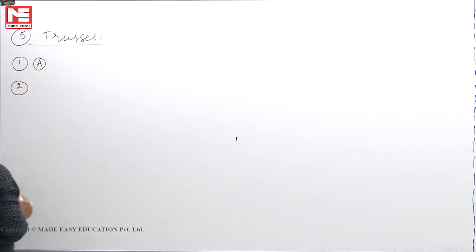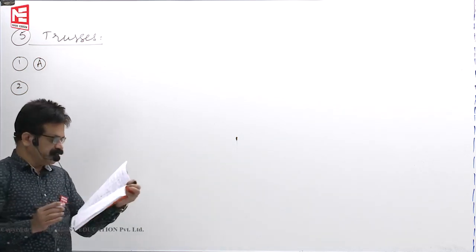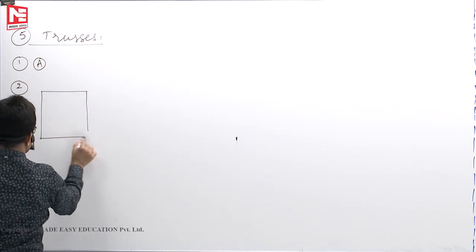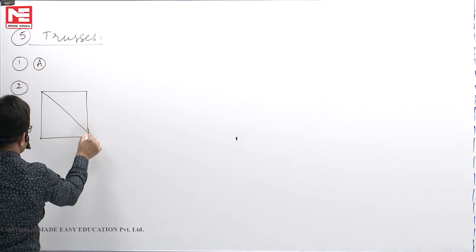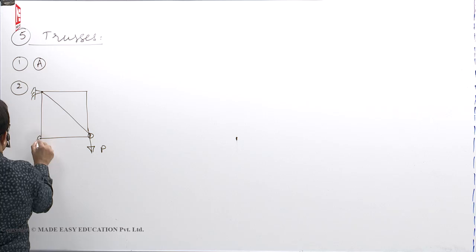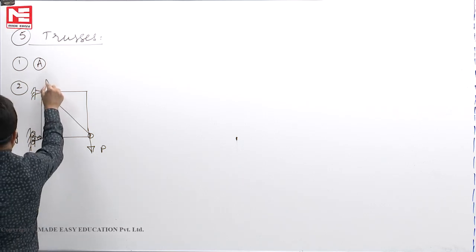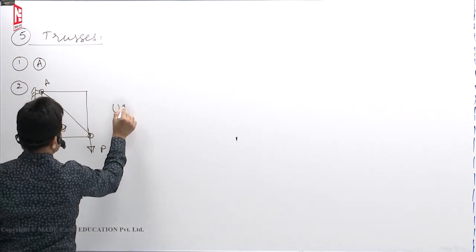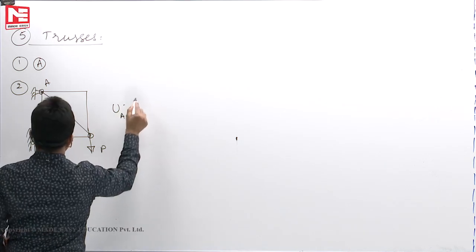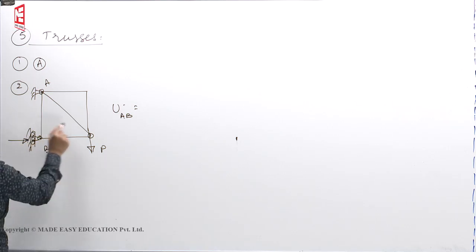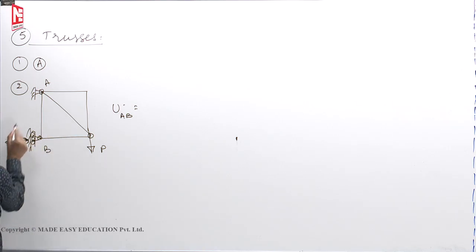Then second one: the strain energy stored in member AB of the pin jointed truss. There was a pin jointed truss like this, with some force P here, a hinge and a roller. What is the strain energy stored in the member AB? Strain energy stored in member AB means U_AB equals P square L by 2AE. What is the force in this member AB?